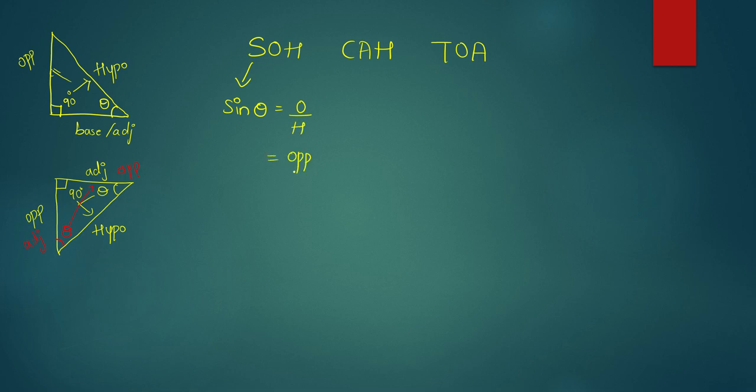O is the opposite side and H stands for the hypotenuse. So this is the trigonometric ratio for the sine of an angle. If you want the second one, that is cos of an angle theta, then that is A by H, where A is the adjacent side and H is the hypotenuse.